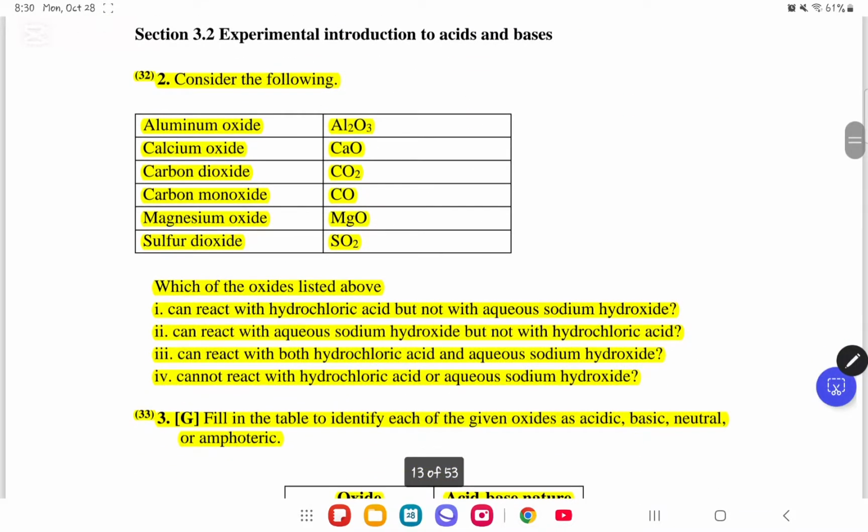Then we move on to question number 2. Consider the following. We have this table over here. Let's name it. Al2O3, if you remember, it is amphoteric, you spell it like this, okay? Calcium oxide is a metal plus oxide, so it is basic. Carbon dioxide is a non-metal plus oxide, so it is acidic.